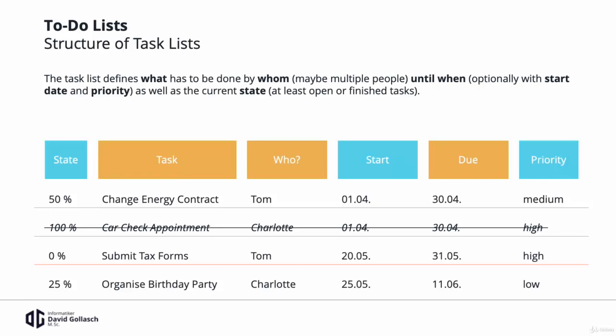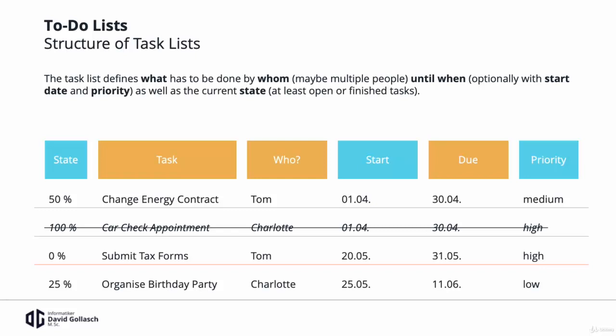You can set a priority based on the prioritization phase, the second phase of time management that we had already looked at. And you can monitor the state of a task. Normally you know that a task that has been completed will be struck through when finished.